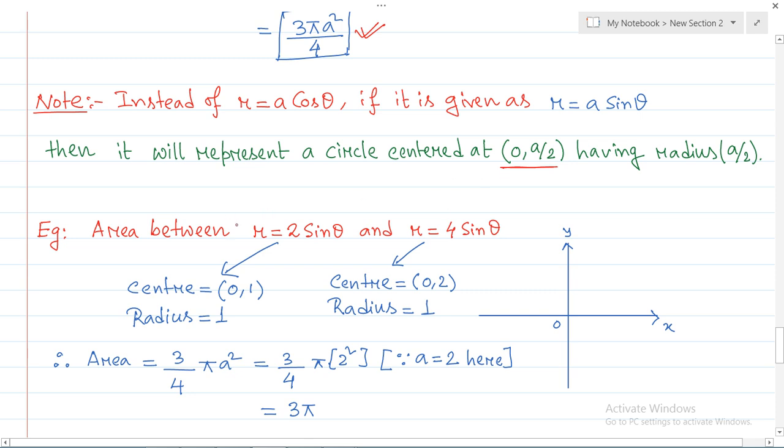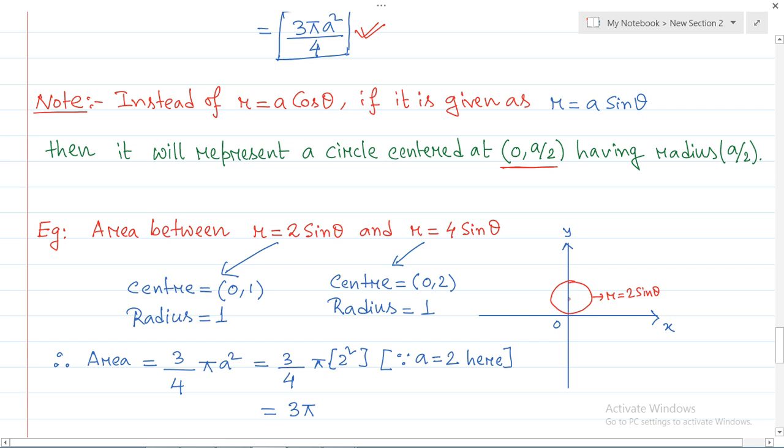Now let us try to understand with a small example. Suppose the same problem as the previous question is given: find out the area between r equal to 2 sin theta and r equal to 4 sin theta. How can we get that? So here the solution will be like this. This will be the circle r equal to 2 sin theta.